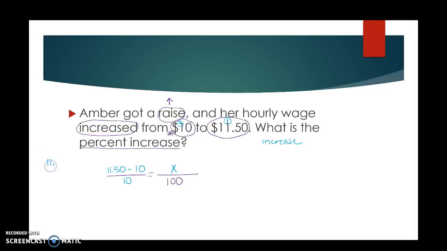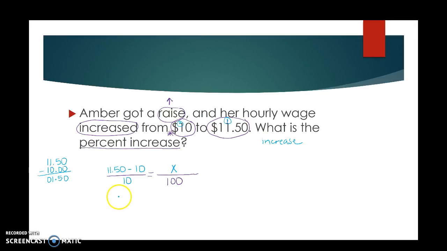We're talking about money. To subtract, I have to line up my decimals, right? So can I put the 10 over here? No, right? Because I have to line up decimals. So $10 has a decimal there. 0, 5. 1 minus 0 is 1, and 1 minus 1 is 0.